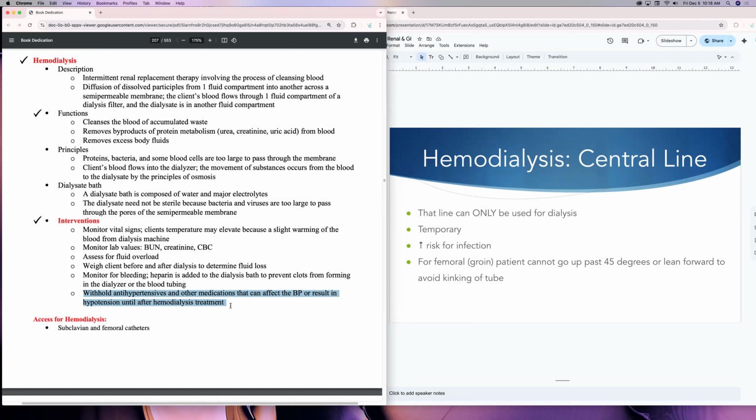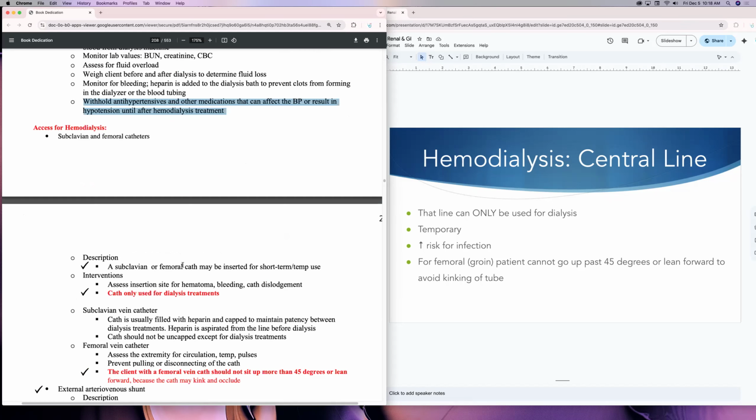We're removing fluid volume, the heart will work less, the blood pressure will drop. So we don't really give blood pressure medications before a patient goes to dialysis. If your patient has high blood pressure and they have dialysis scheduled that day, call the healthcare provider so they can guide you on what to do next.